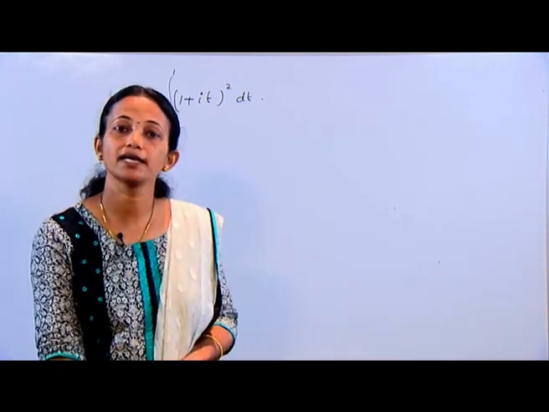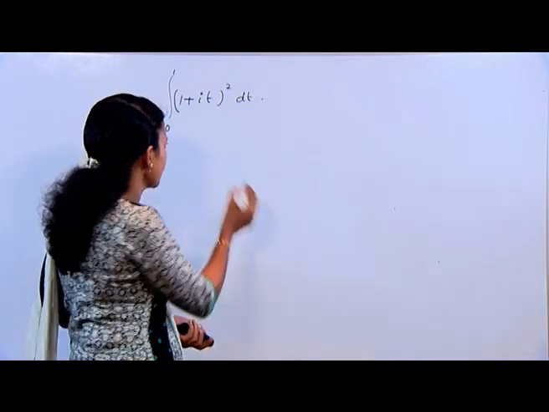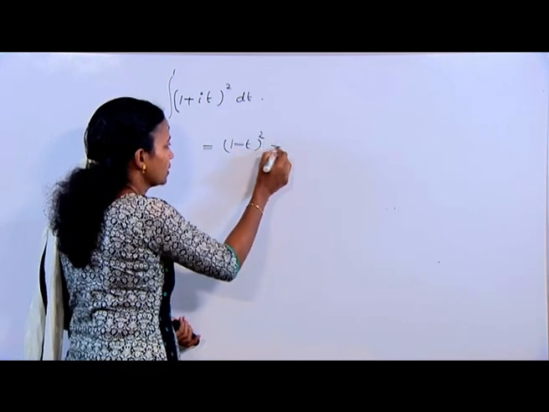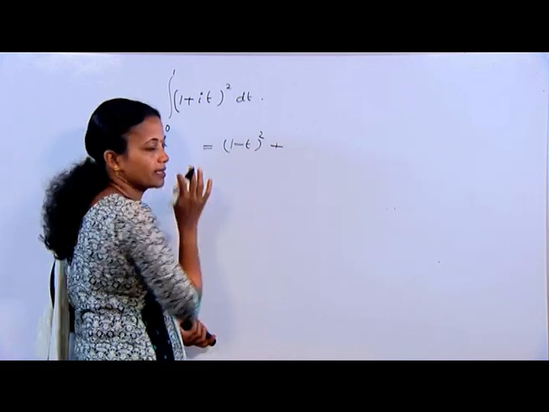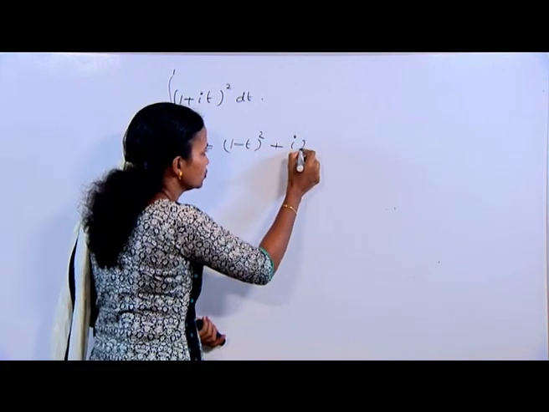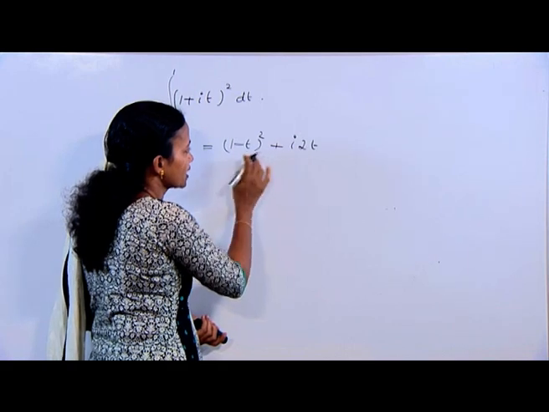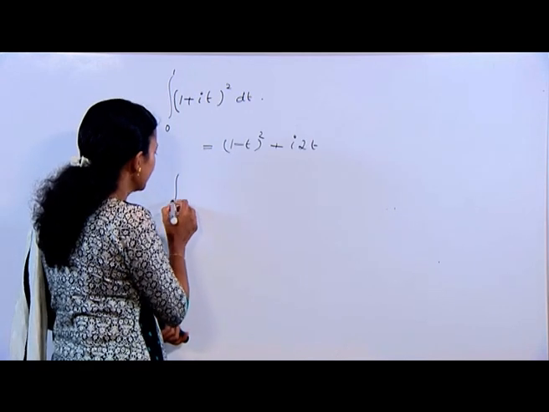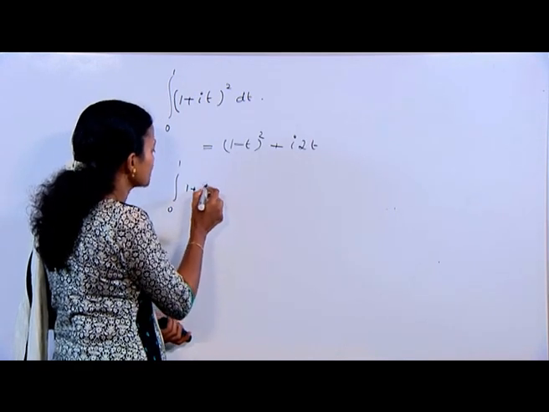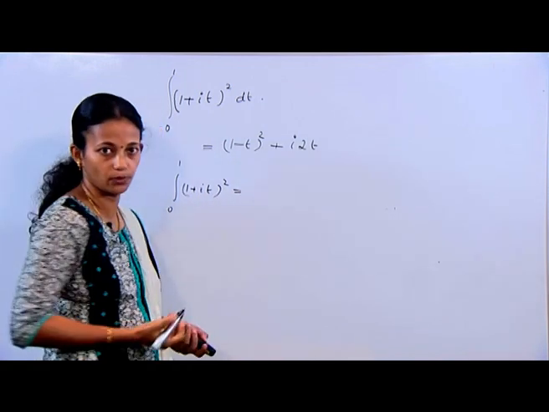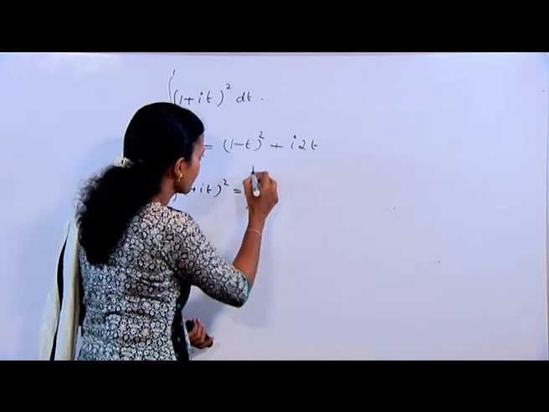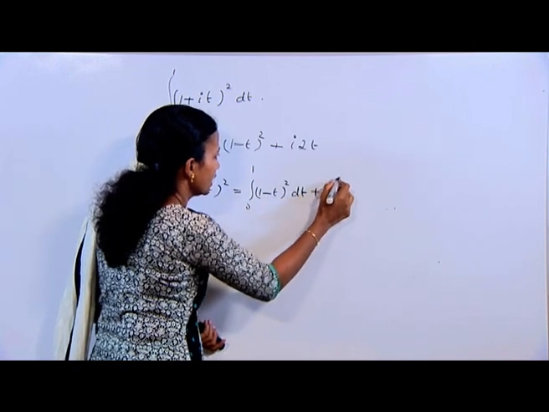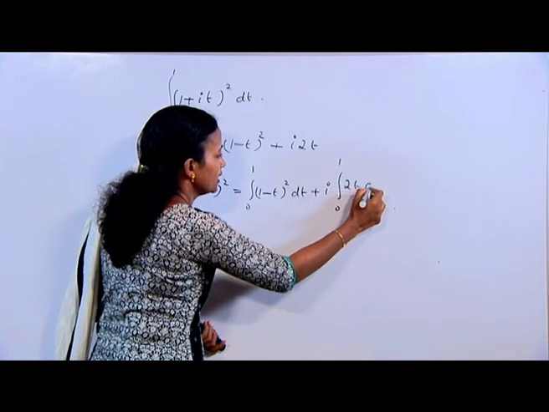Since (1 plus i t) whole square can be written as, on expanding, (1 minus t square) plus, the term not containing i, plus i into 2t. So I can write the integral from 0 to 1 of (1 plus i t) whole square as the integral from 0 to 1 of (1 minus t square) dt plus i into the integral from 0 to 1 of 2t dt.